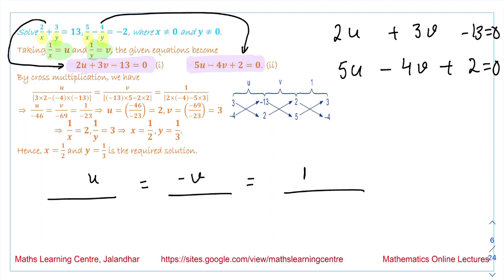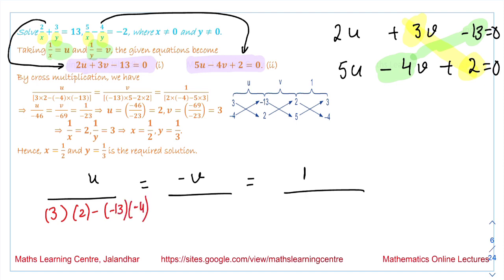So when we are writing the terms in the denominator of u, it is 3 into 2 minus 13 into minus 4.